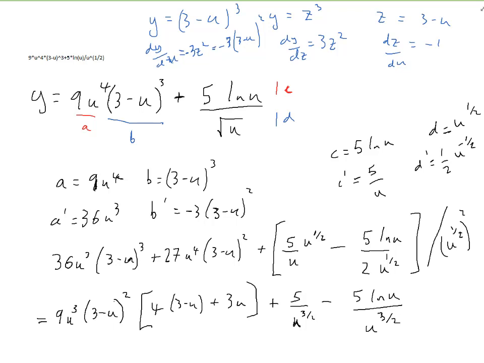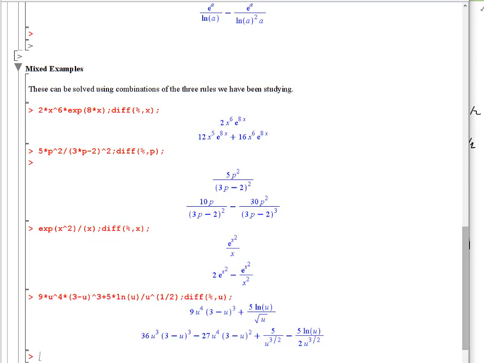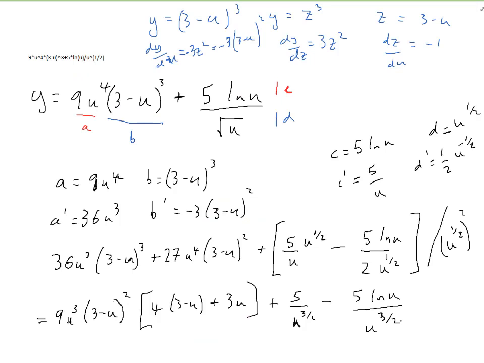So still looks pretty unpleasant, but let's compare it with what we get here. Doesn't look much better in Maple. So I think this is sort of familiar. Yeah, it didn't even factorise that. Yes, that's what we're getting. Okay. So it looks good.